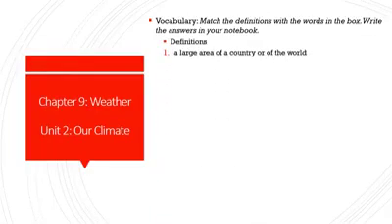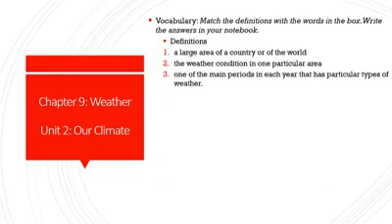So number 1, the word means a large area of a country or of the world. Large area. Number 2, it's the weather condition in one particular area. And number 3 is one of the main periods in each year that has particular types of weather.